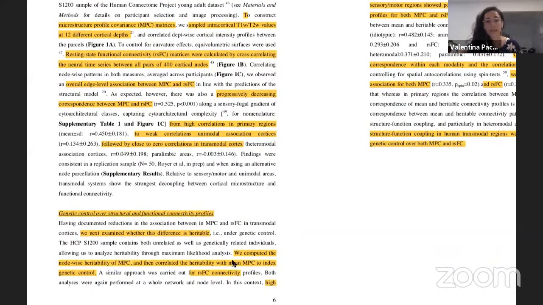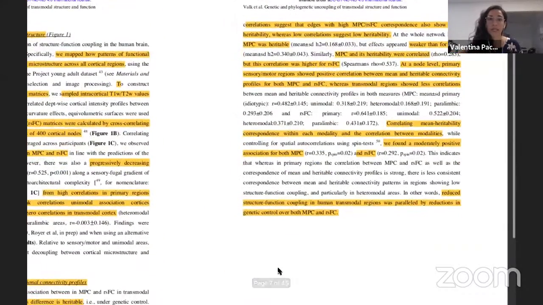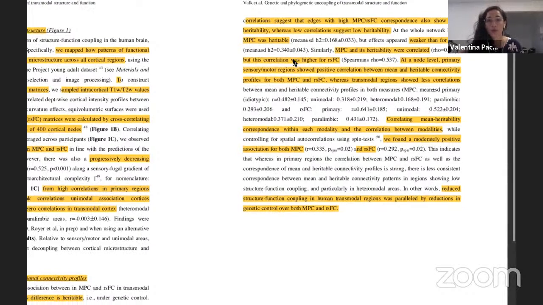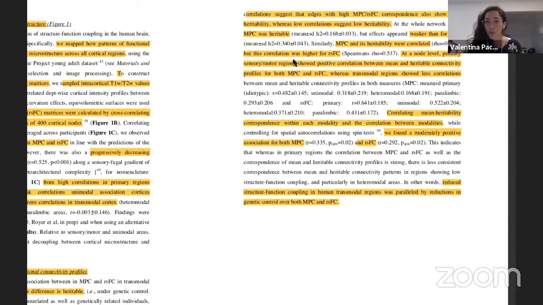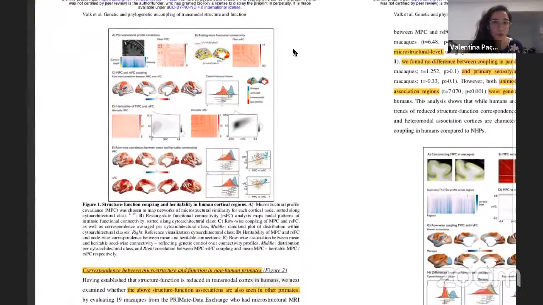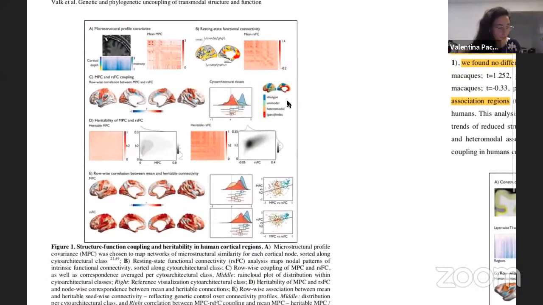And they did the same thing for the resting state matrices. And in this case, higher correlation suggests that the structural and resting state functional correspondence show also high heritability, and the opposite for lower correlation, so lower heritability. And also here I want to show you the figures.